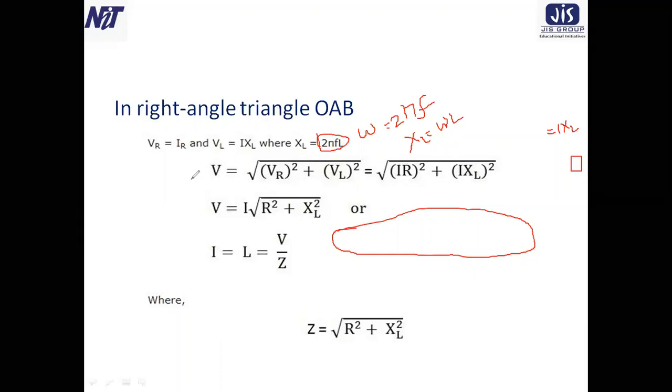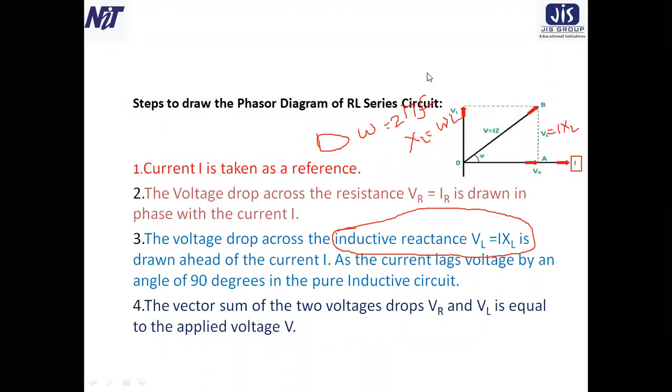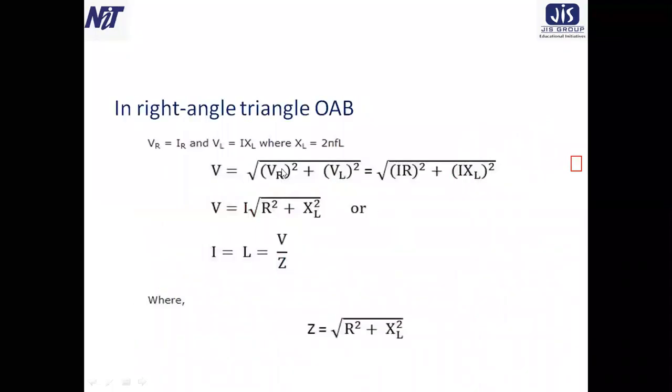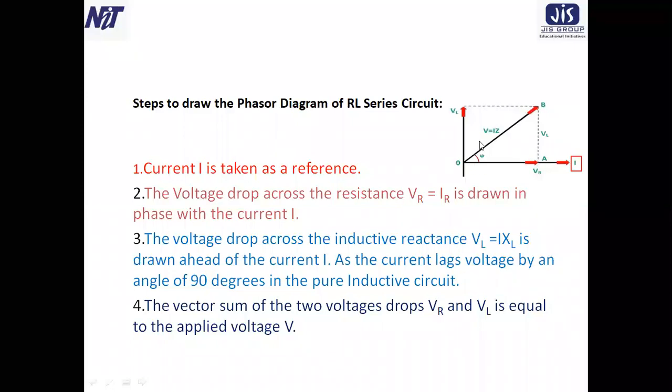So from the previous diagram, using this triangle OAB we can say that V square equals to VR square plus VL square.